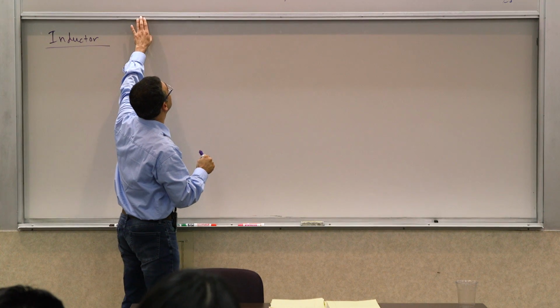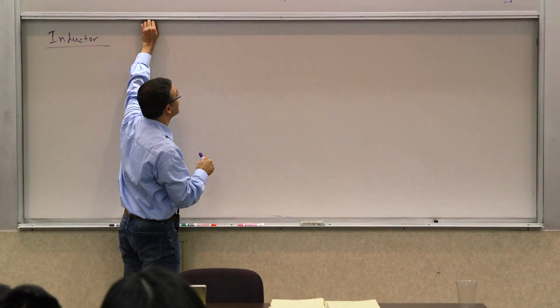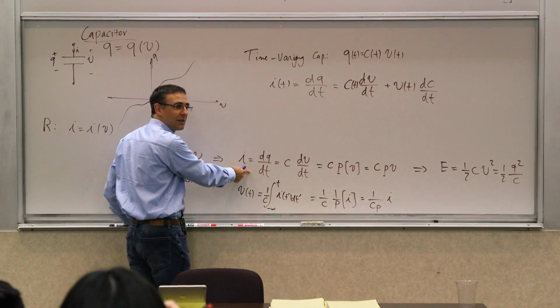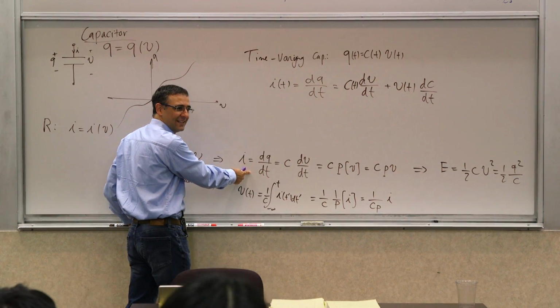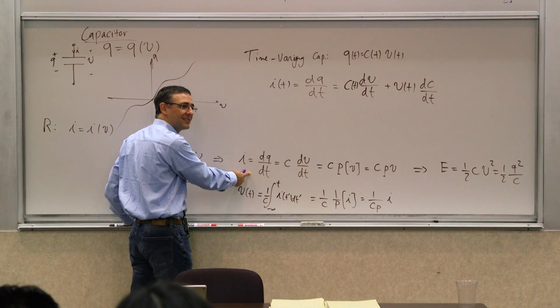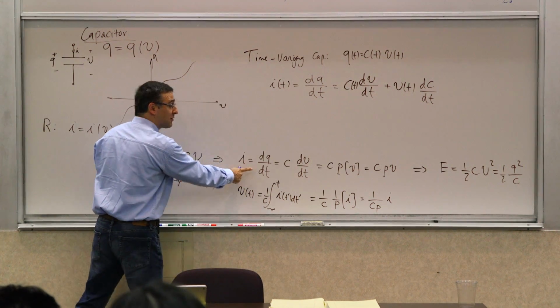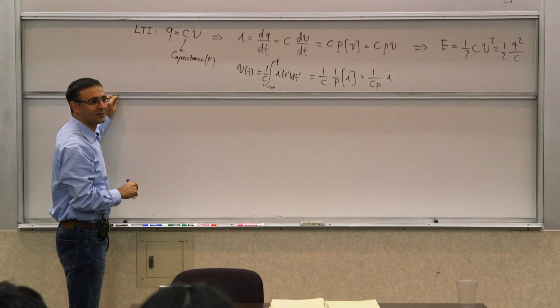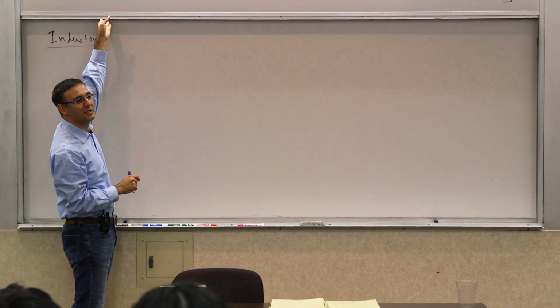That is akin, what you said, is at the same level as this definition of capacitor. An LTI capacitor, that would be an LTI inductor. I am first looking for this level of definition for an inductor, whose what is a function of what.